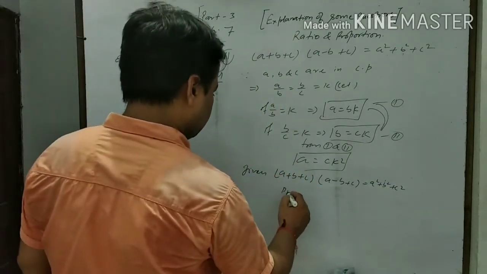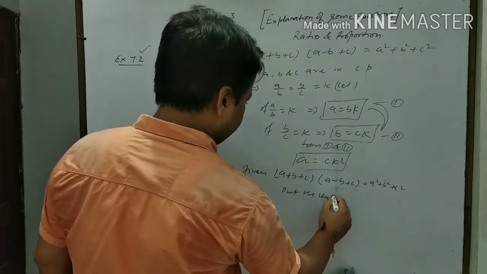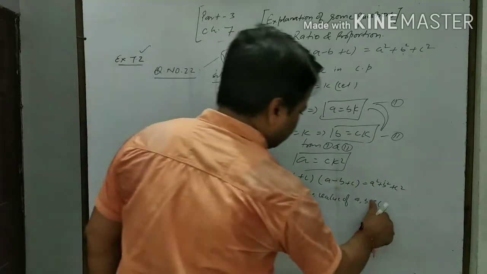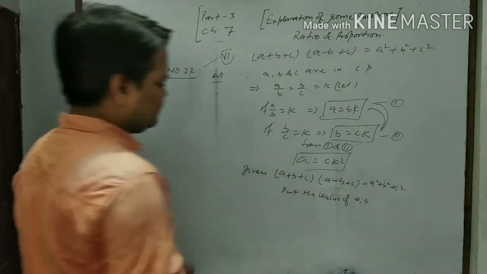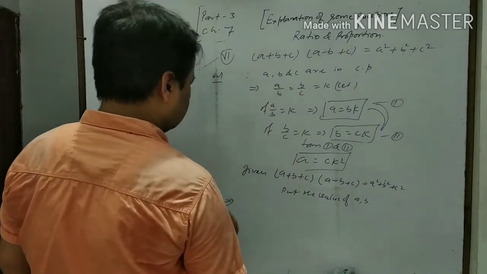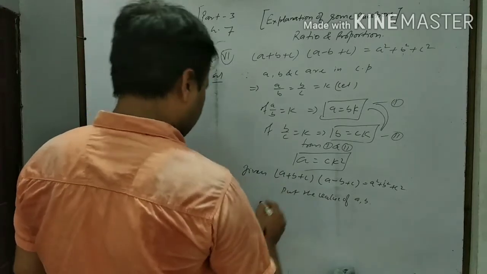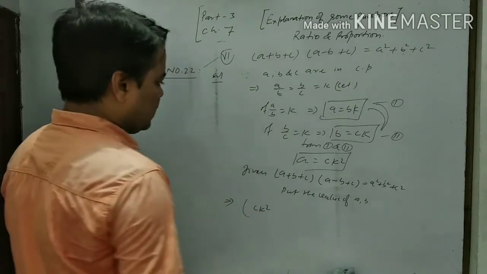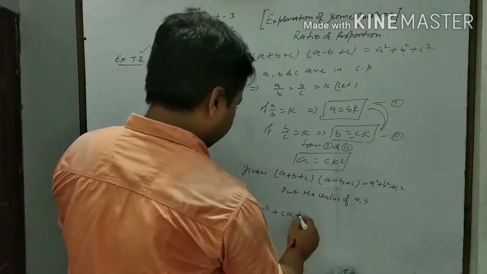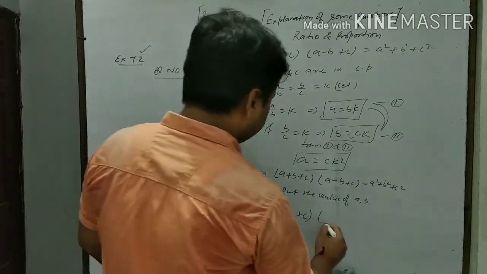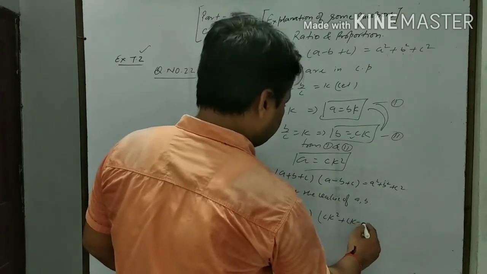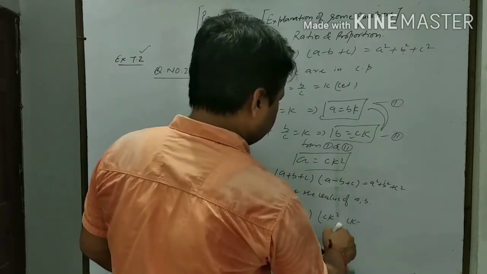Put the value of A and B, only A and B, not C. If you put the value of A and B, then in the place of A what can we write? CK square. In the place of B, we can write plus CK and plus C. And here again CK square, not plus CK, that is minus CK.